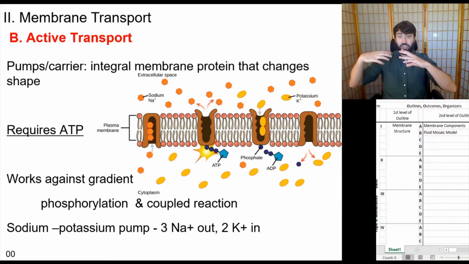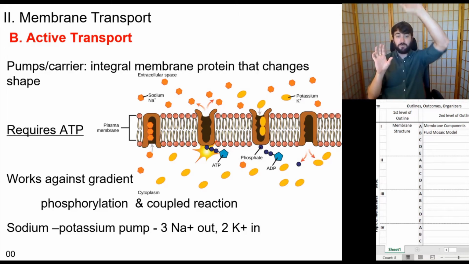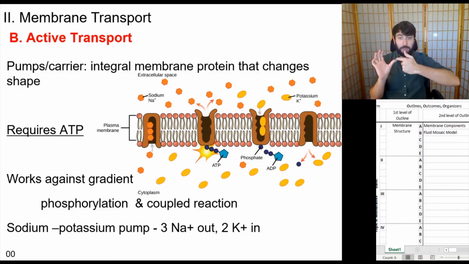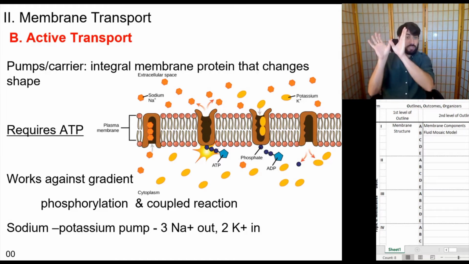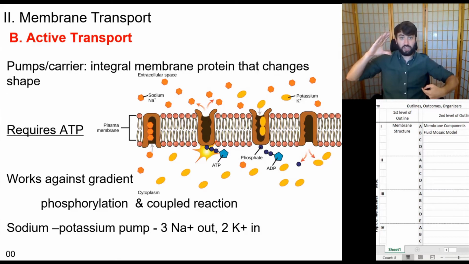Then the shape of the protein changes and the sodium ions are kicked out. When they're gone, 2 potassium ions bind to the pump, and when that phosphate from the ATP is released, the protein changes shape again, and those potassiums get ejected into the cell.